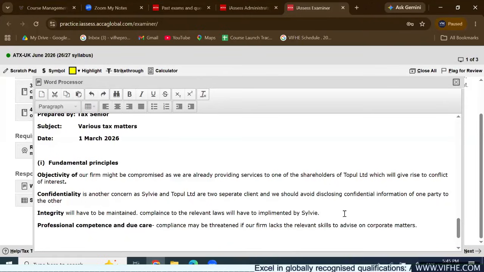But they haven't asked how this possible issue could be handled, mitigated or resolved. This is not something that they have asked you to write. They did say which fundamental principles might create a threat before we agree to become Topal Limited's client.